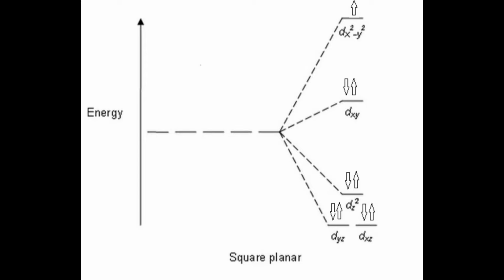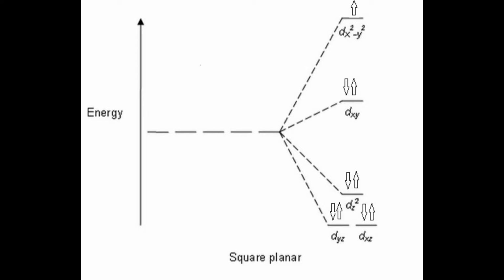But now we see that the energies of the orbitals are split. So one electron from the lower energy orbitals can absorb a photon from the white light that comes from our lamp or from the sun, and when it absorbs it, it will jump to the dx²-y² orbital, which is the highest energy orbital, and if it has the right spin orientation, it can pair with the unpaired electron that is in this orbital.